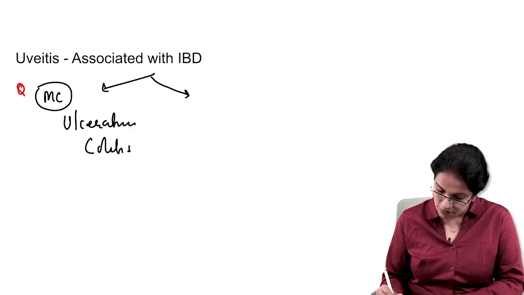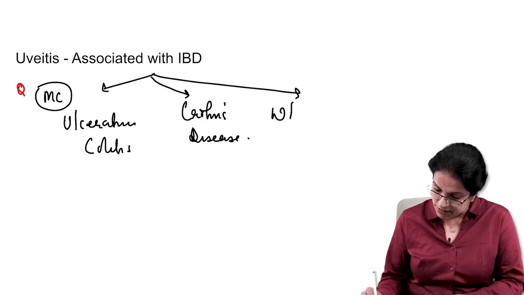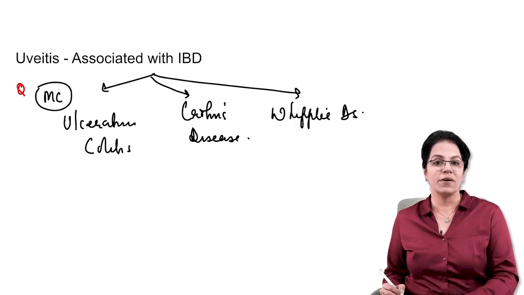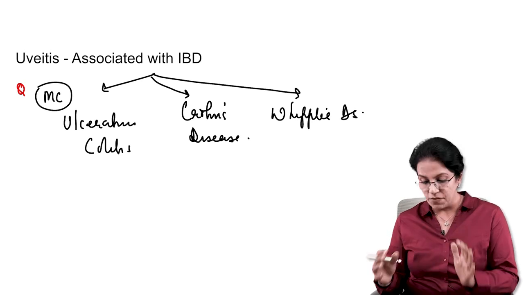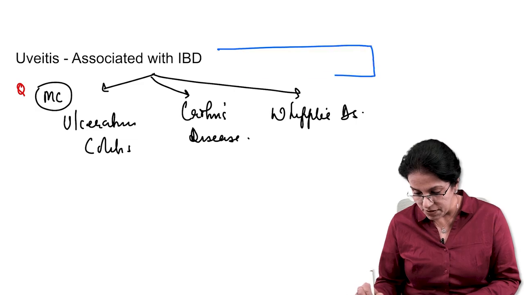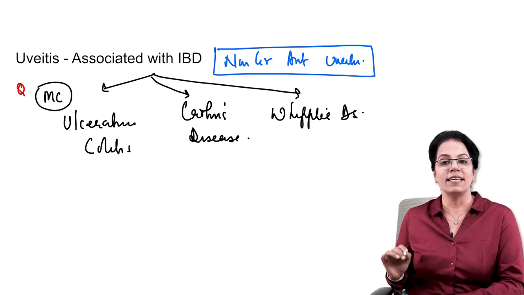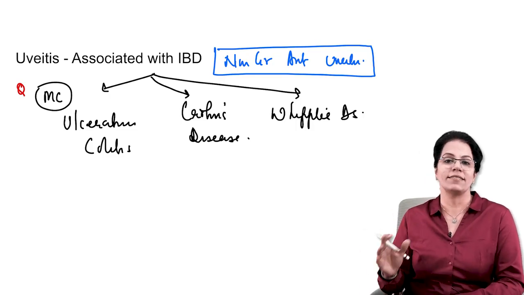Then of course, Crohn's disease, and third we will also like to mention Whipple's disease. So, what is the type of uveitis if it occurs in these conditions? It's a non-granulomatous anterior uveitis, just like you have learned for arthritis.